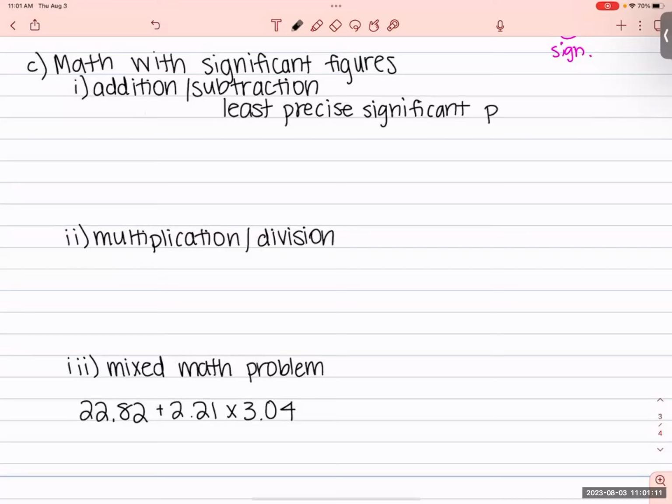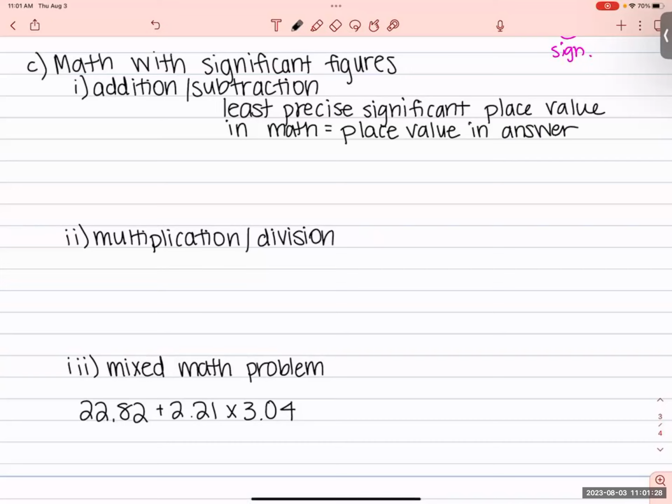It's the best way to put it in the math equals the place value in the answer that you can have. So I'll give you an example.